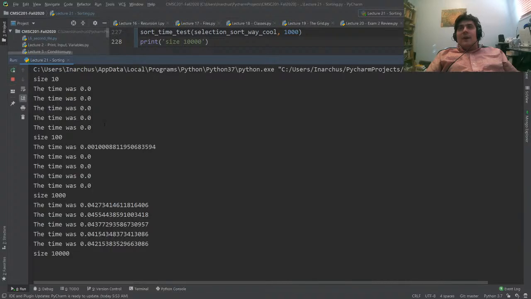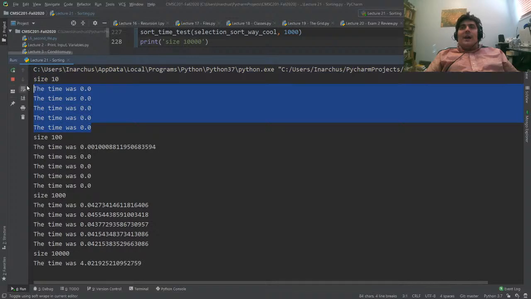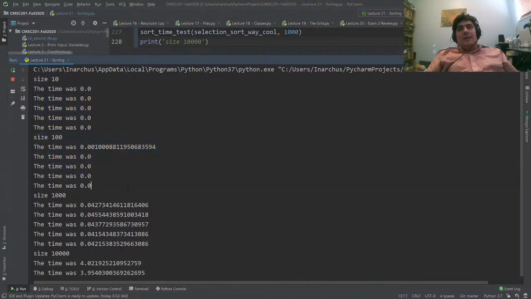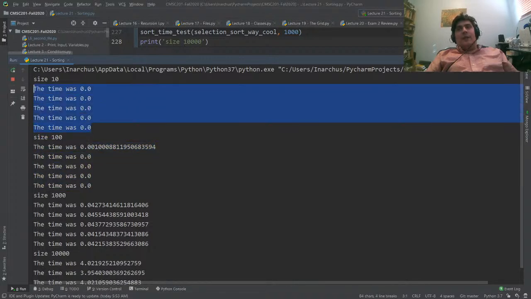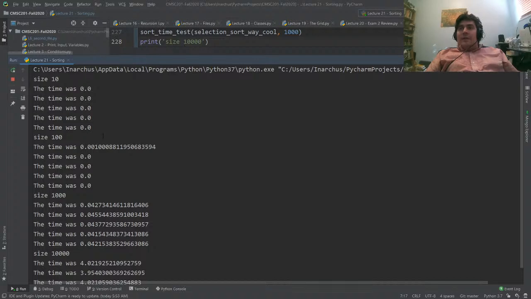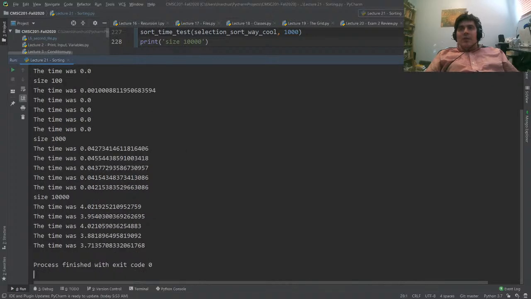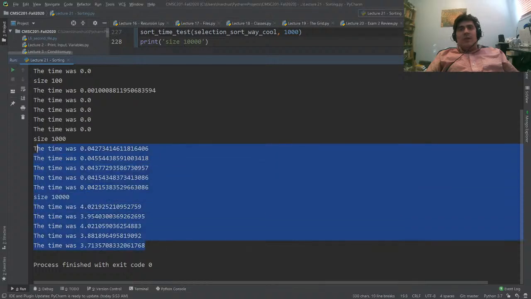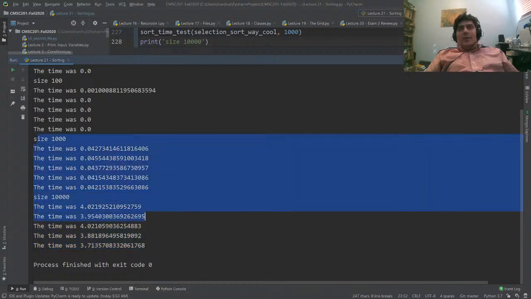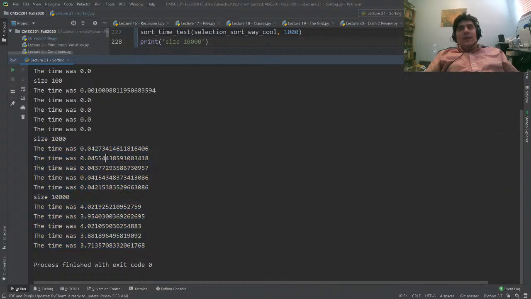For the size 10 and size 100, there's no way to tell exactly because it happens so quickly that it didn't even count anything here. So this time might be slightly garbage, so let's just ignore this one. But let's pay attention to the ratio between these times. This is what Big O is really talking about: the ratio of times between this and this.